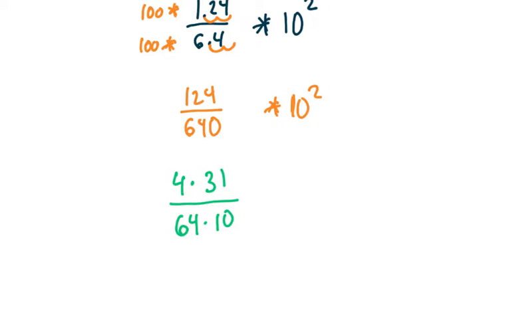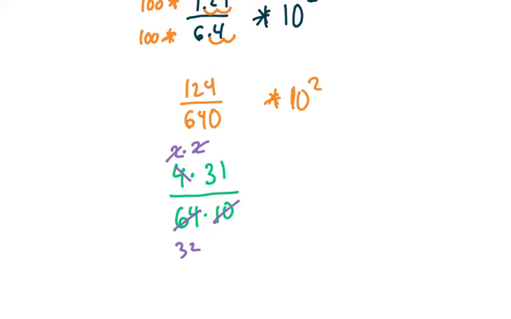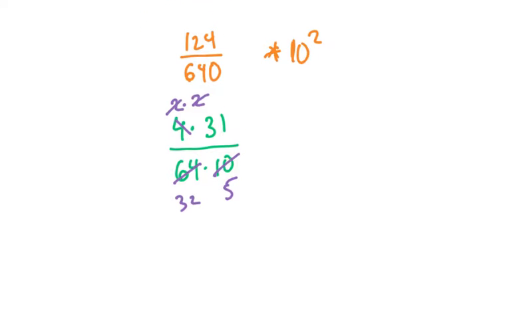Okay. Now, 4 is 2 times 2, and 2 will cancel with 64 to give me 32, and 2 will cancel here to give me 5, and this will give me 31 over 32 times 5. Okay, and I think that's the easiest way to break that down.